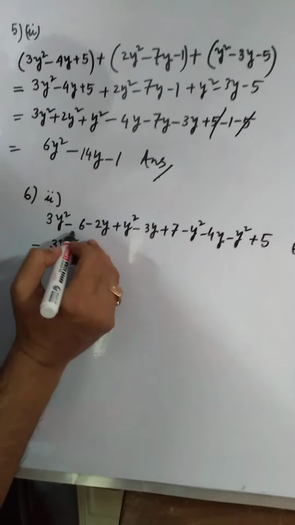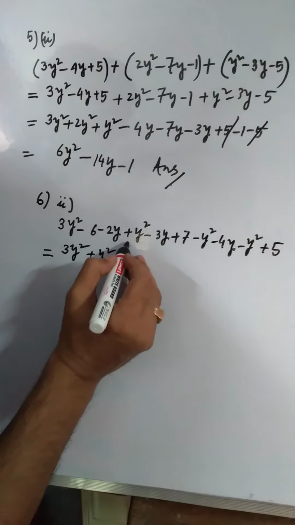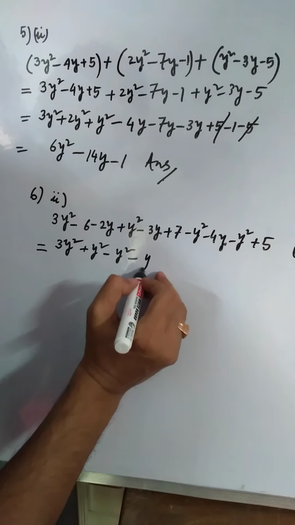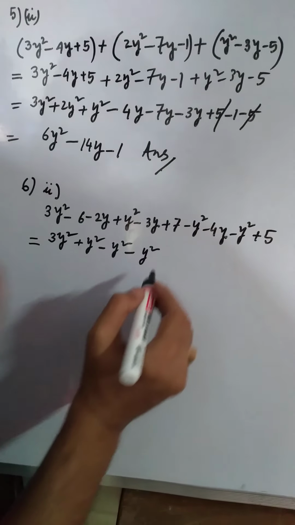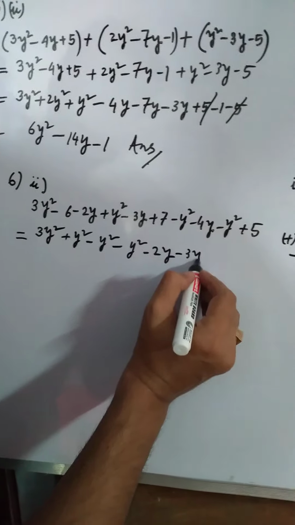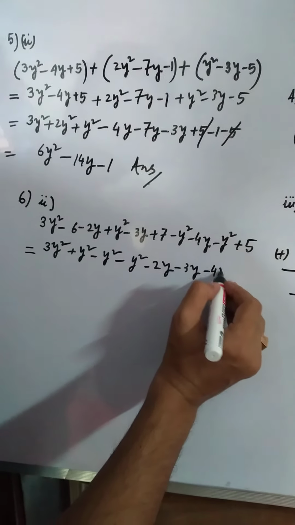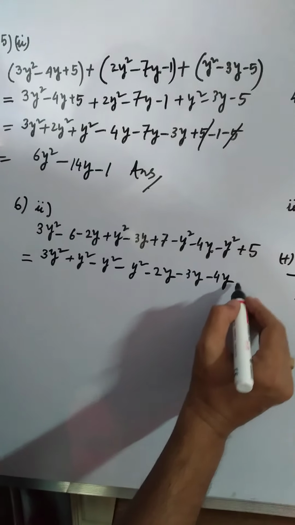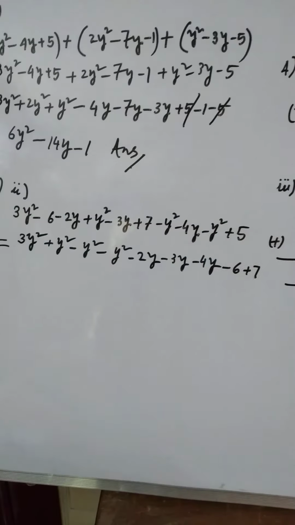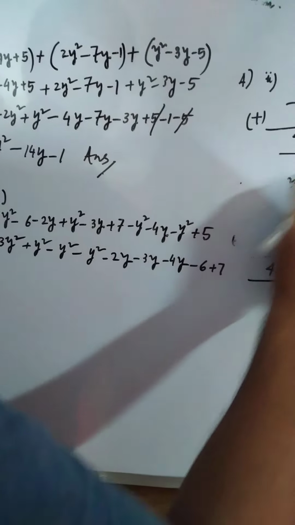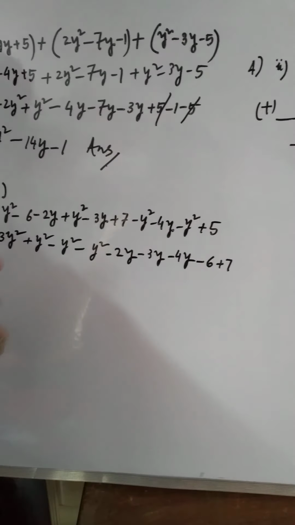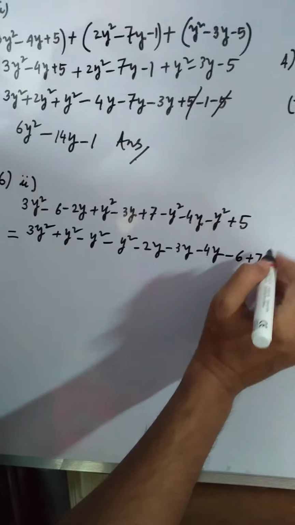3y square, then plus y square, after that minus y square, then again minus y square, after that minus 2y, then minus 3y, then minus 4y, after that minus 6 plus 7, then plus 5.